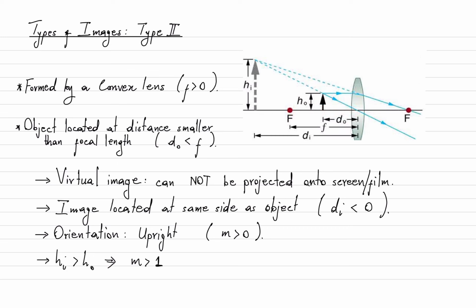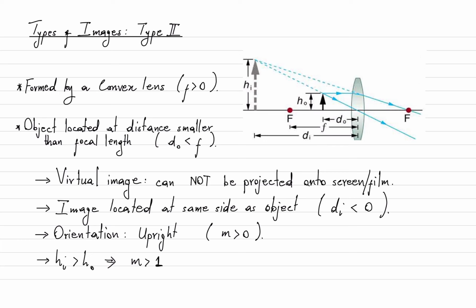The image that is produced from such a situation by a convex lens is known as a virtual image. This image cannot be projected onto a screen or a film. And notice the image is located on the same side of the lens as the object. Hence, dI is negative. And look at the orientation of the image.